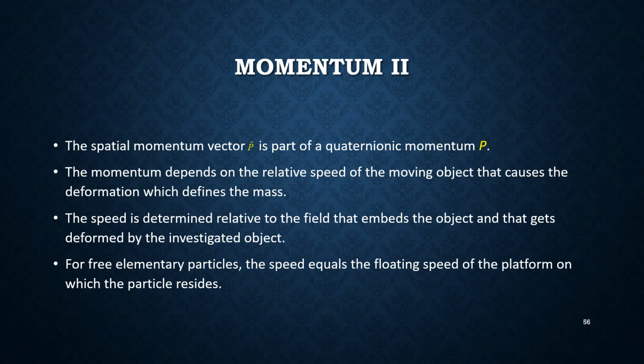The momentum depends on the relative speed of the moving object that causes the deformation which defines the mass. The speed is determined relative to the field that embeds the object and that gets deformed by the investigated object. For free elementary particles, the speed equals the floating speed of the platform on which the particle resides.